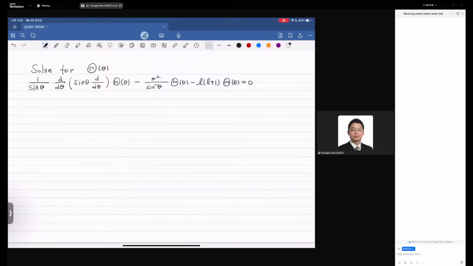It's a complicated equation, but actually it is a known equation. The solution is known, so you can solve it analytically. It has a name: the associated Legendre equation. The key question is not how complicated the equation is, but whether it is solvable or not.